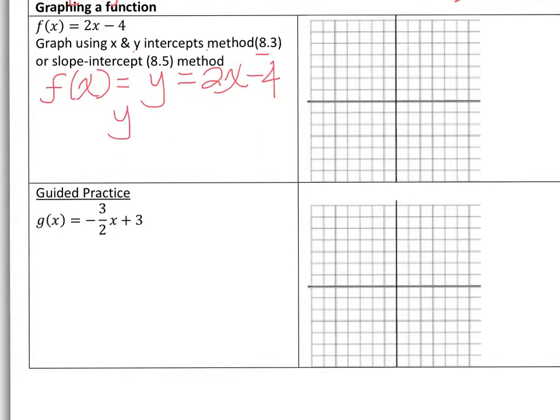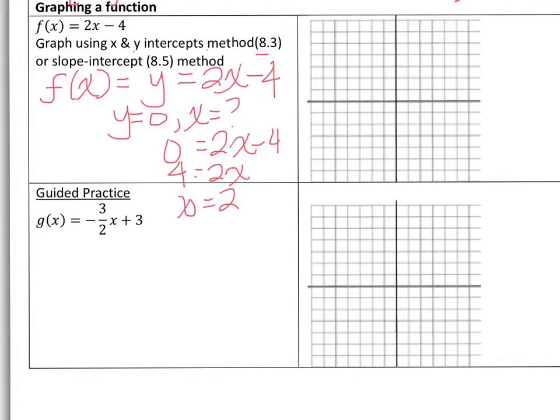When y is 0, what's x? So we're going to calculate this. 0 equals 2x minus 4. x equals 2. So the x-intercept is 2, 0.